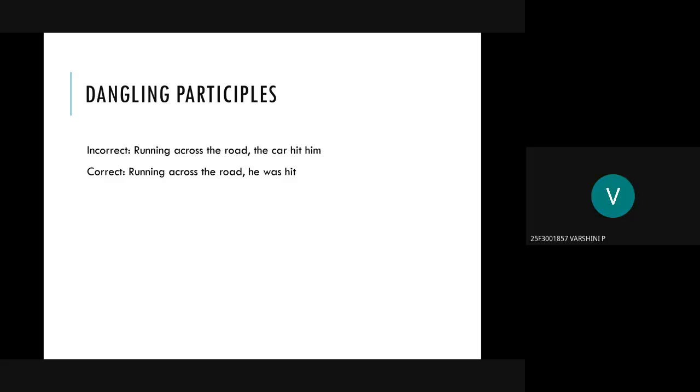And I think the phrases are jumbled. Like maybe the car hit him when he was running across the road or something like that. Okay, but if I want to start the sentence with the participle, running across the road, I want to keep this intact. Running across the road.